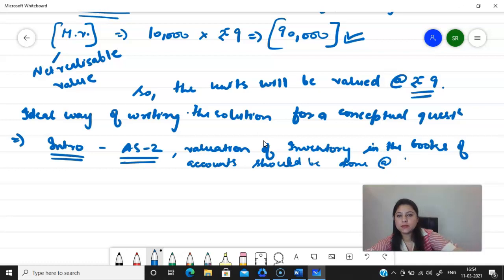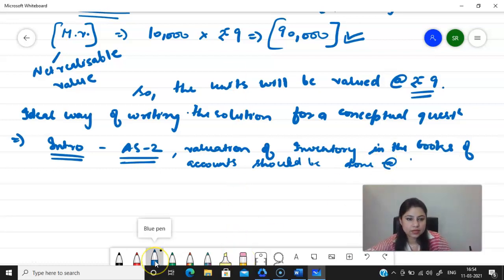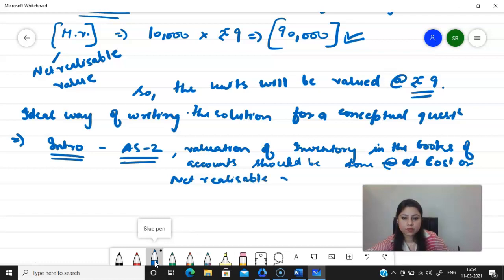No need to write it in a short form, just strike it off. So it should be done at cost or net realizable value. And then in the second paragraph, you can put the facts of the case.